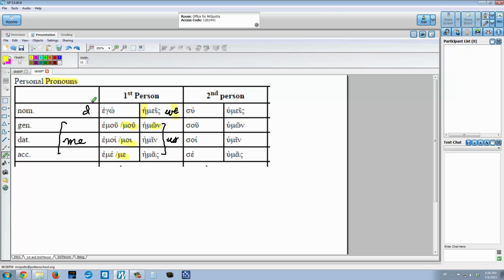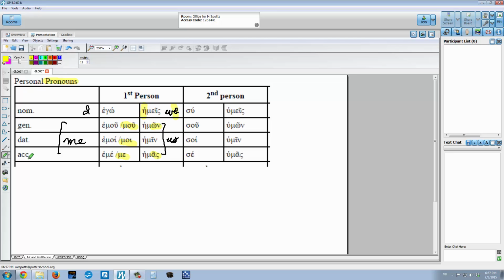And then hemas, which looks pretty much like an accusative ending. So some of the forms are a little bit unpredictable from a first and second declension standpoint. However, I'm sure you can memorize them quickly, to say I, of me, to me, me, we, of us, to us, and us.